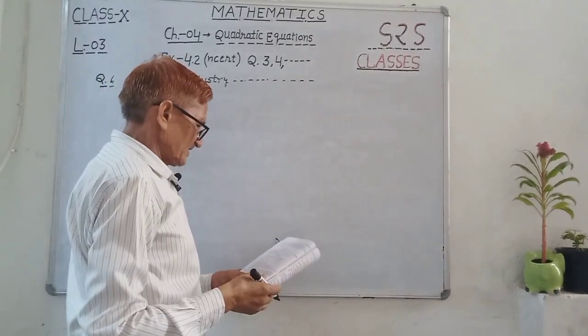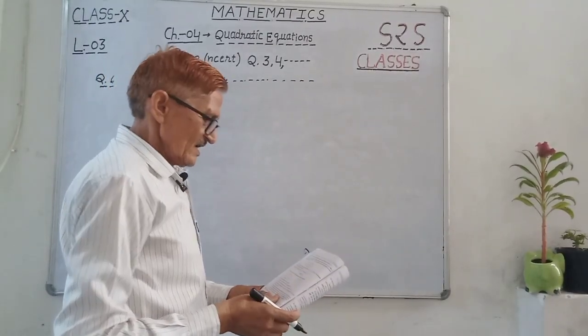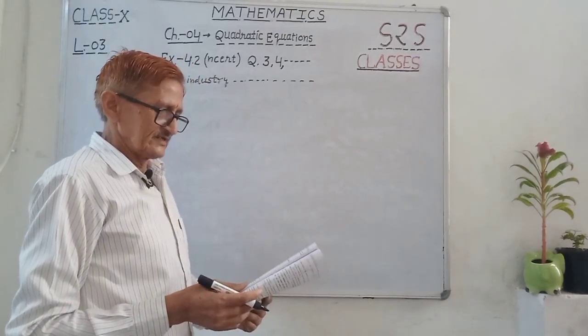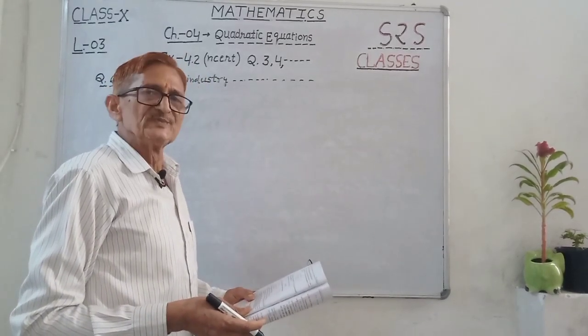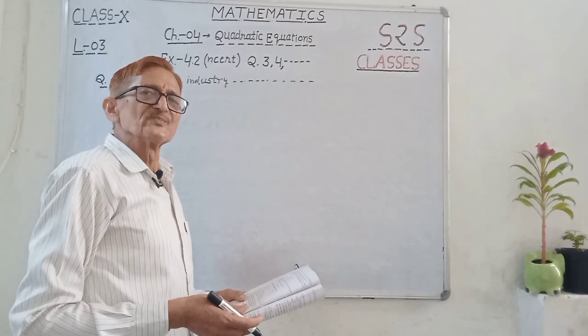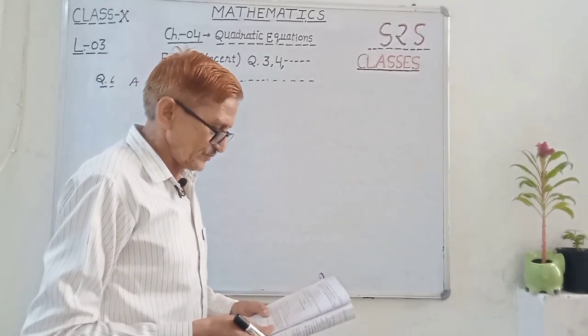Now the end of this question is, what is here? If the total cost of production on that day was rupees 90. Total cost of production on that day was 90 rupees.